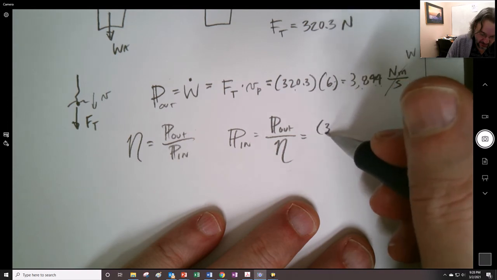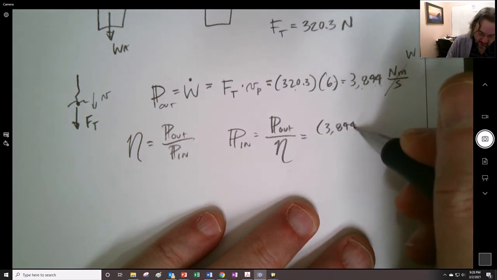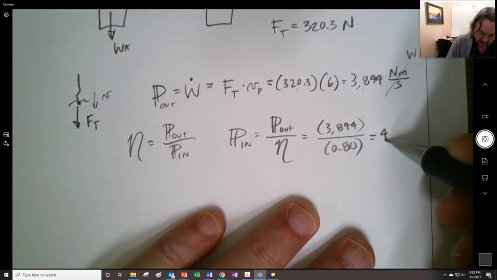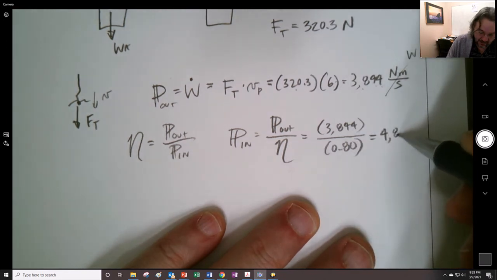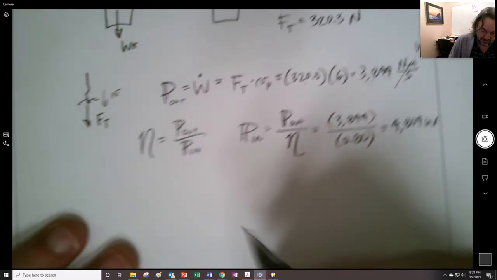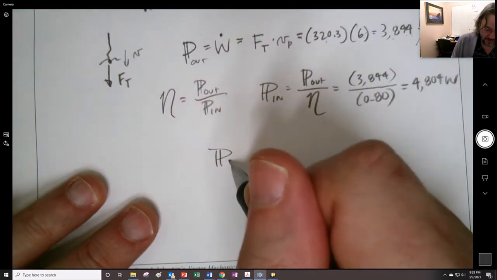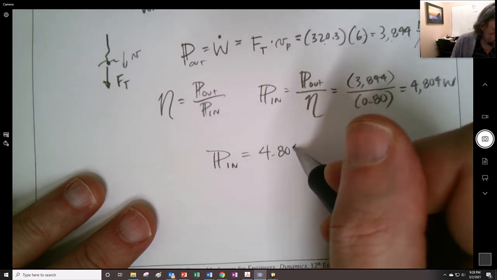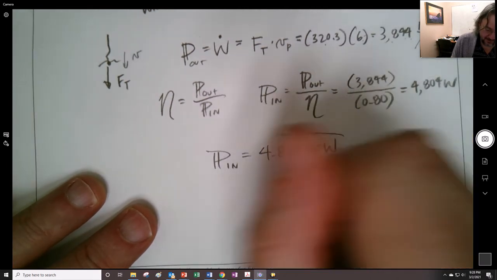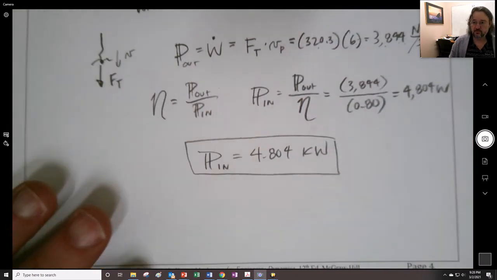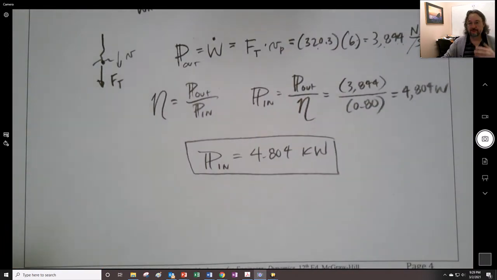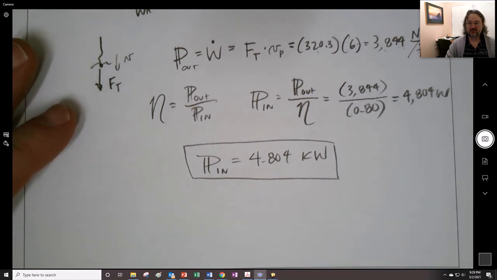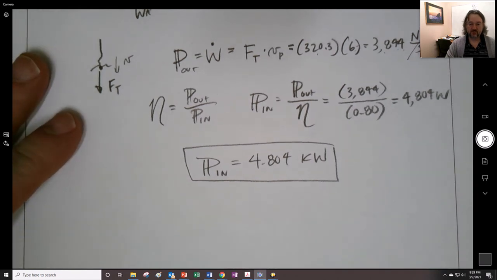So we get our 3,844 divided by our 0.8, and we get 4,804 watts. So the answer is the electrical power in is going to be 4.804 kilowatts. Boom. It's good to have some type of thing to measure, kind of understand how many things are going in through.